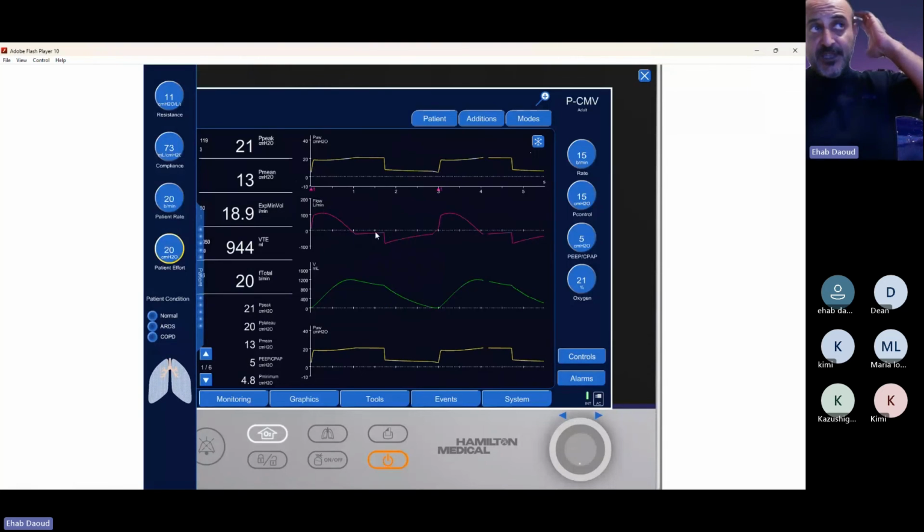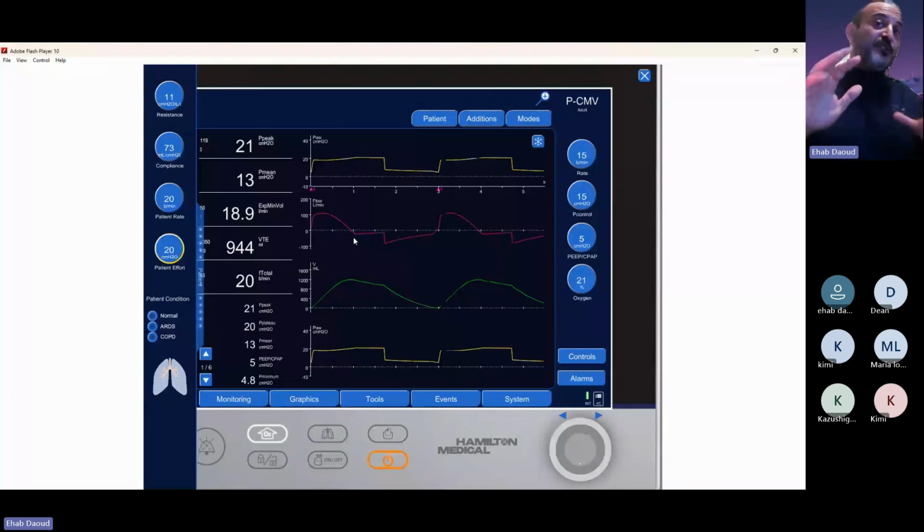But what happens? The ventilator is still giving the pressure here. So that's what we actually call delayed cycling. The patient's brain told him to breathe and stop breathing here, but the ventilator kept giving the breath. So here there is delayed cycling because the ventilator is giving extra time.